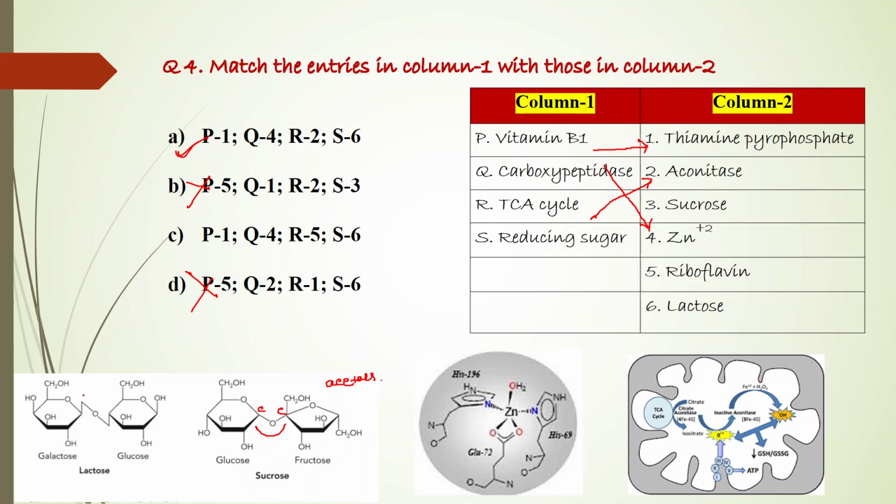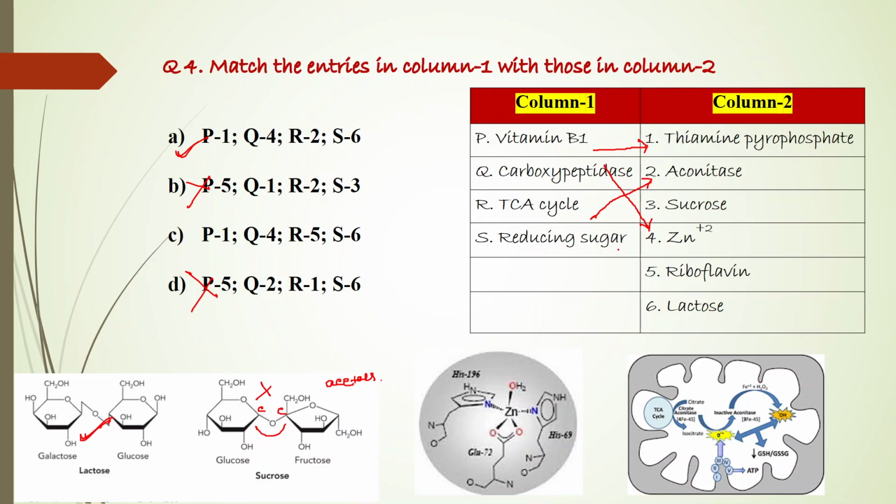But in case of lactose, you can see we have our hemiacetal present at one of the carbons. So lactose will be able to act as a reducing sugar, but sucrose, due to this glycosidic bond at this position, will not be able to act as a reducing sugar.